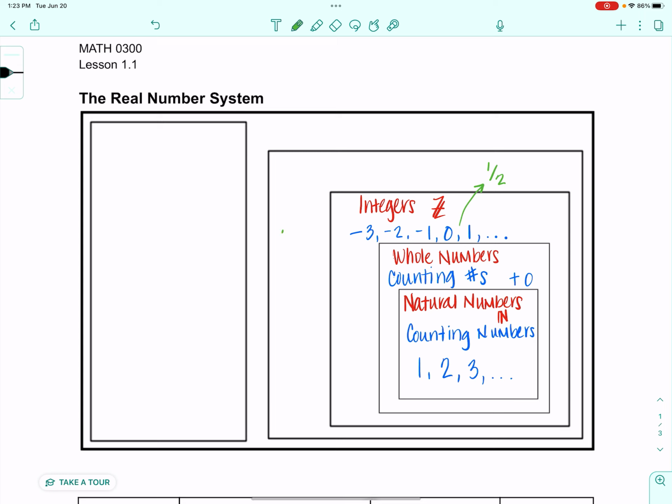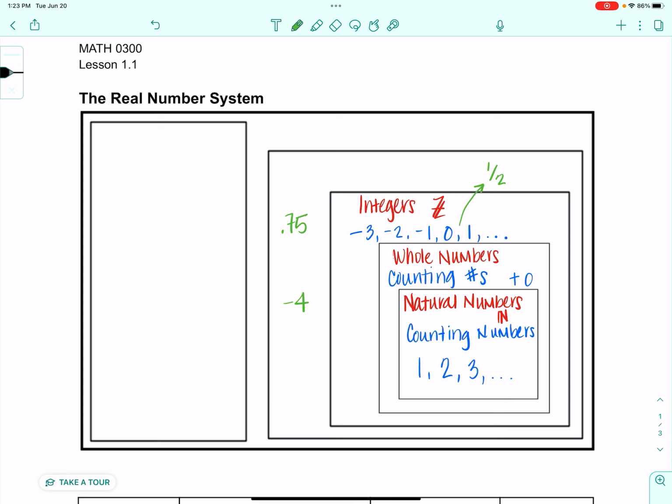Maybe you have 3 quarters in your pocket. Maybe you have 75 cents. Maybe you borrowed $4 from your friend. So you owe him, or you have -$4 in your pocket.